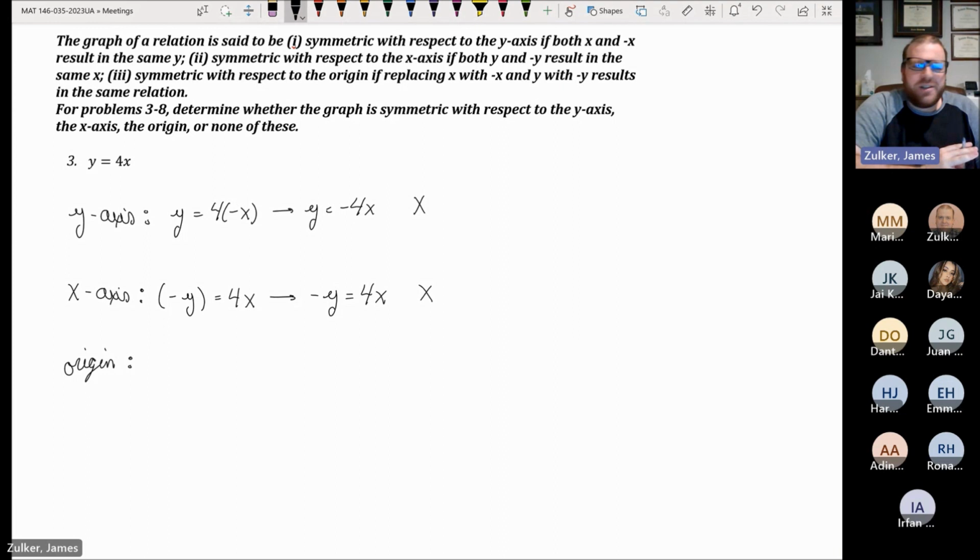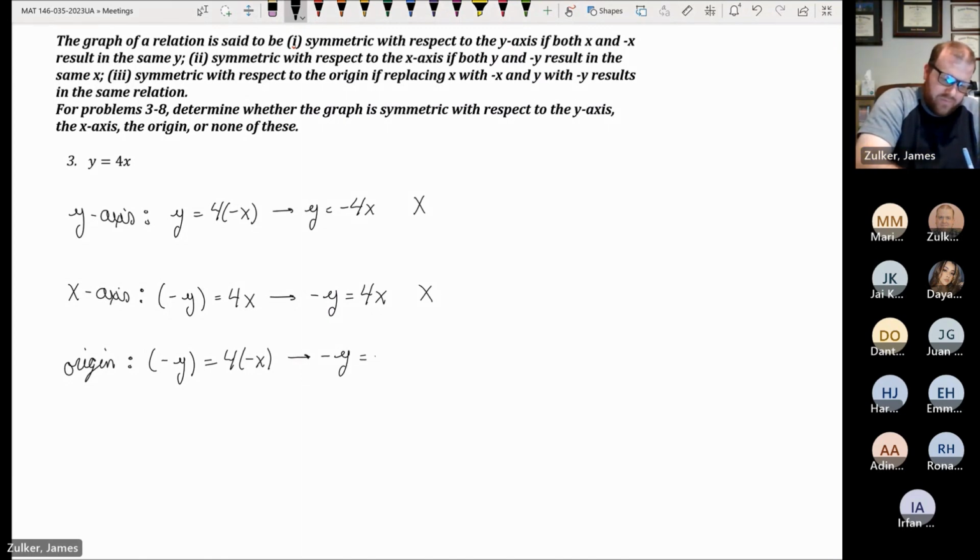Finally, with respect to the origin, we will replace both y with negative y, and x with negative x. When we simplify, we get negative y is equal to negative 4x. Is that the same thing as y equals 4x?